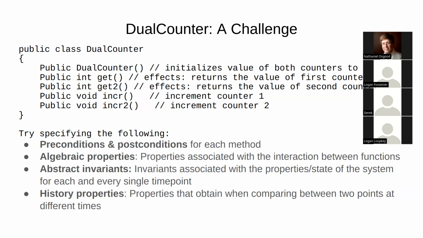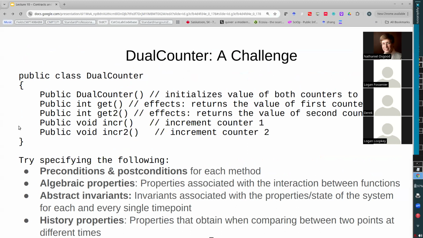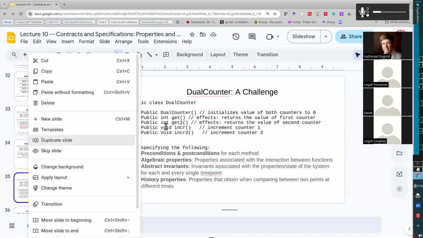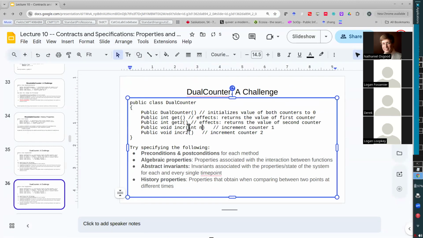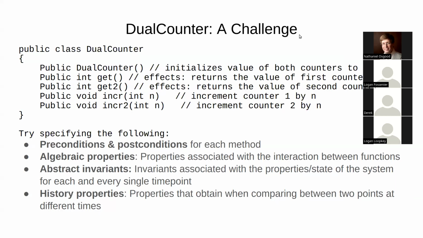How would that affect the precondition and postcondition for increment and increment 2? Let me just make it clear, because I don't want you to hold it in your head. Let's suppose I did this, and I'm going to increment counter one by n, some integer n. And yeah, I know what you folks are thinking. No, there's no statement that it has to be greater than or equal to 0.